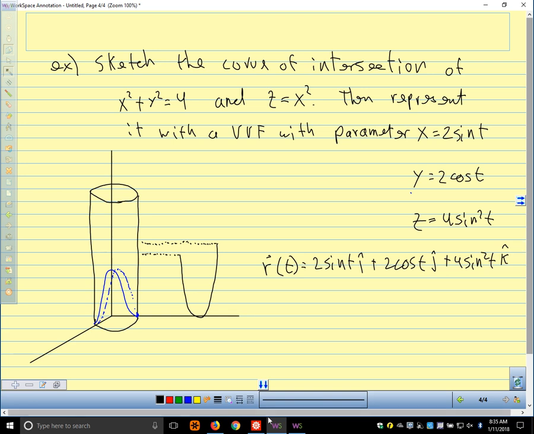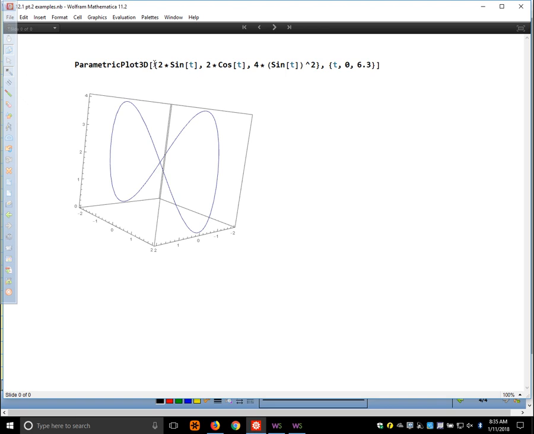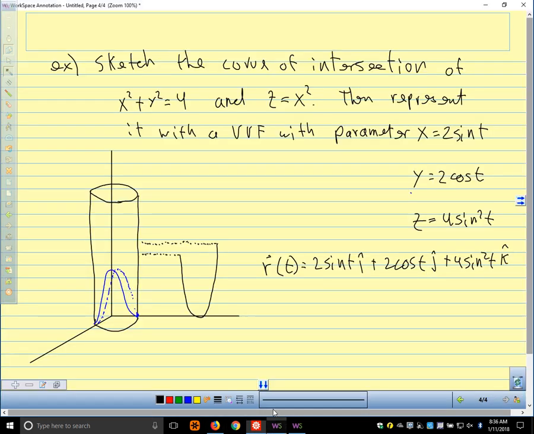And if we go back to this Mathematica, there's what I plotted: 2 sine t, 2 cosine t, that's the x component, the y component, and the z component, from 0 to 6.3, which is 2 pi. t went from 0 to 2 pi. So that's one of the benefits of parametric equations and vector valued functions.